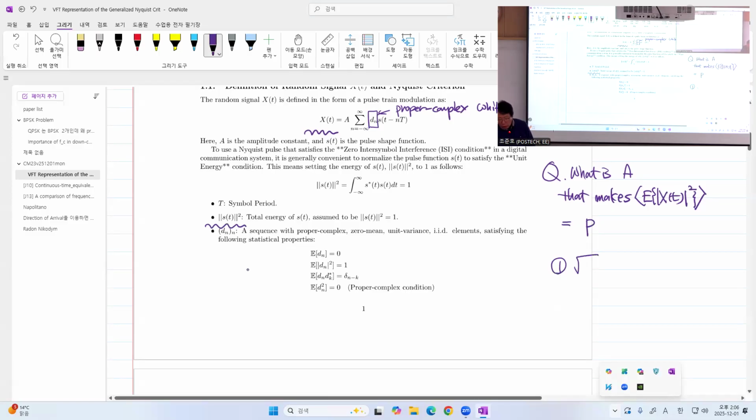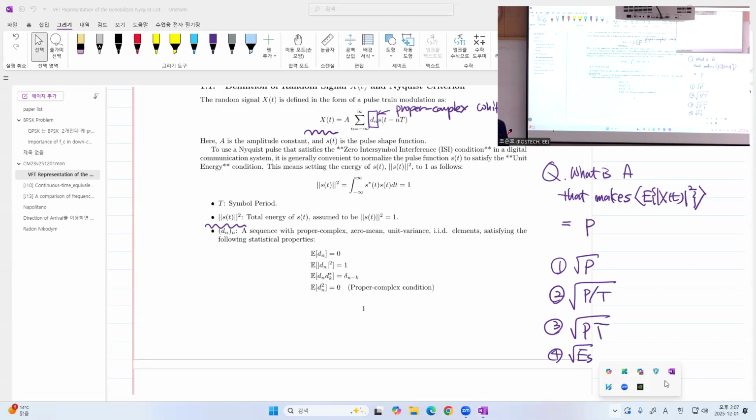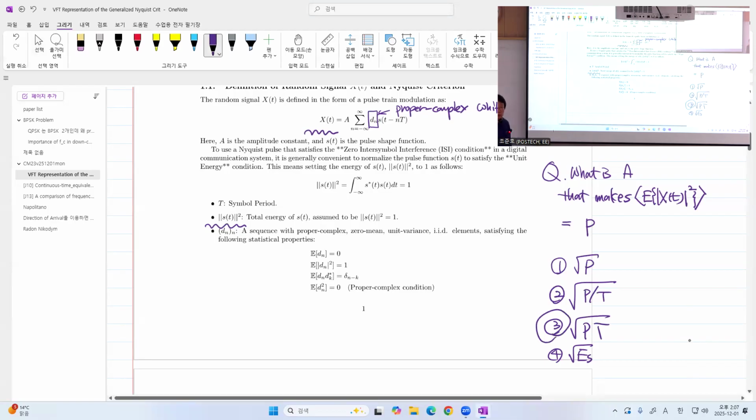And there could be many choices as usual, probably square root P and 2, where sometimes we've seen something like this. Sometimes square root PT, sometimes square root Es, which definitely is not an answer because it didn't appear here. So what is your answer in this case? What I'm going to say is that number 3 is the answer.